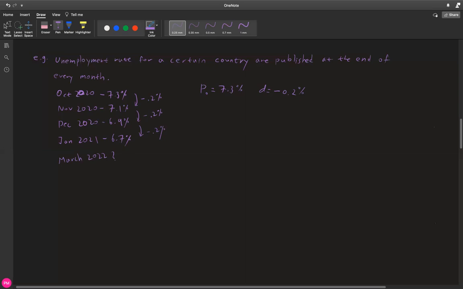So for March 2022, how do you find it? What you are supposed to do is count the number of months from October 2020 up to March 2022. From October 2020 to March 2022, it is 17 months.